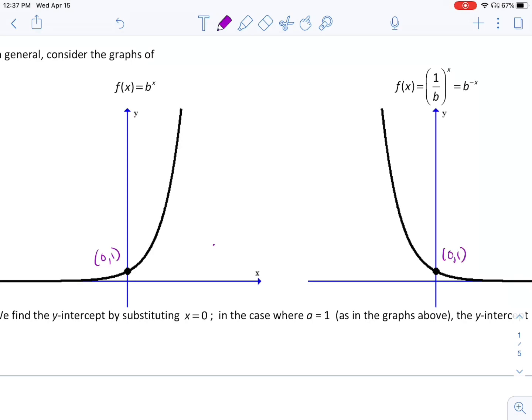And in both cases, there is a horizontal asymptote at y equals 0, so the graph gets closer and closer towards y equals 0, but it never actually crosses or touches it.